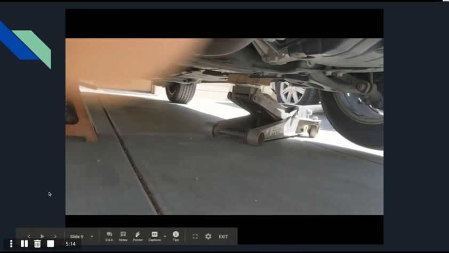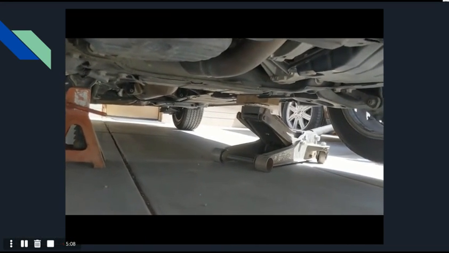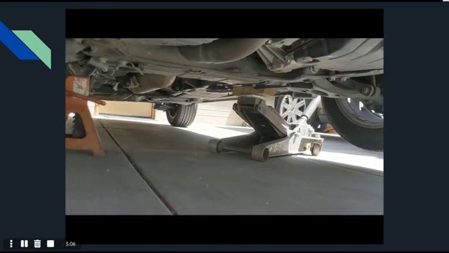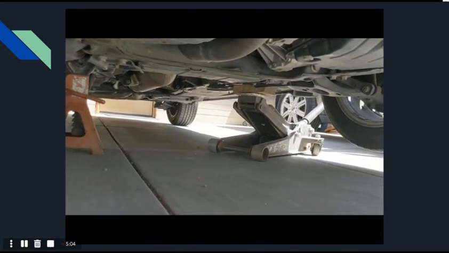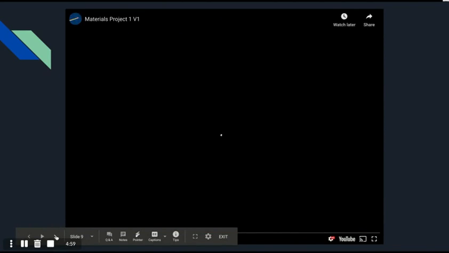So as we go through this, the wooden block goes through its phases of elasticity, but at a certain point it starts to yield, and that's what leaves the permanent mark on the wooden block.